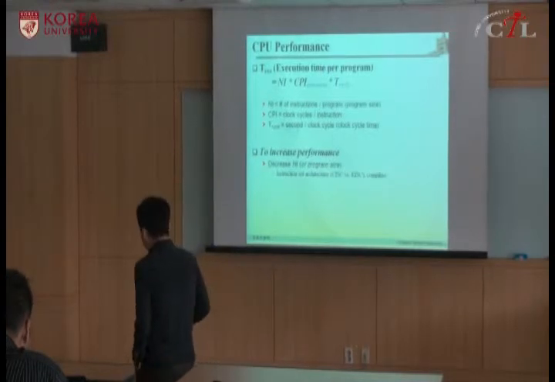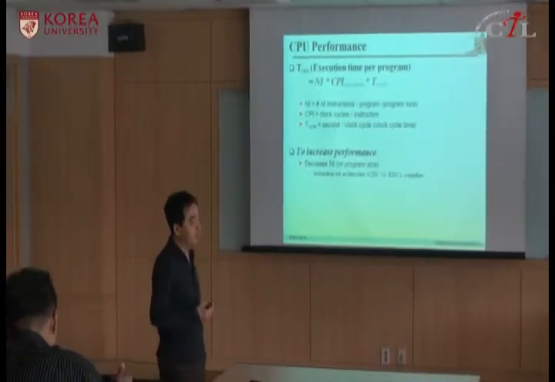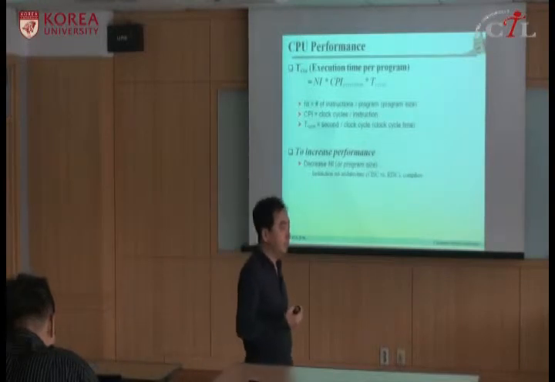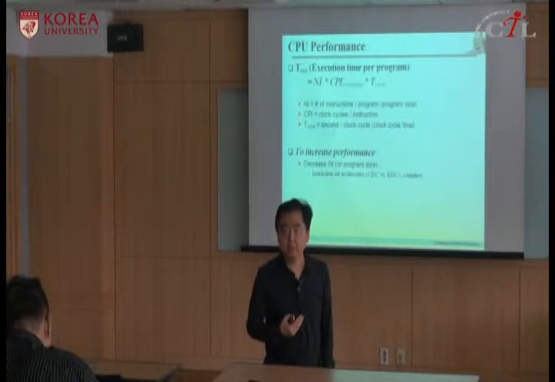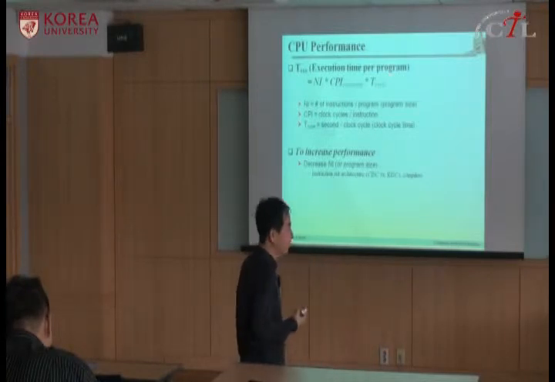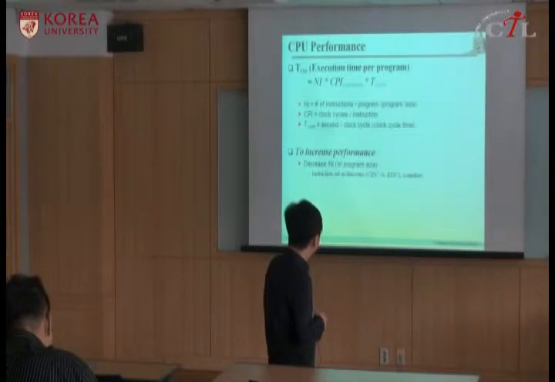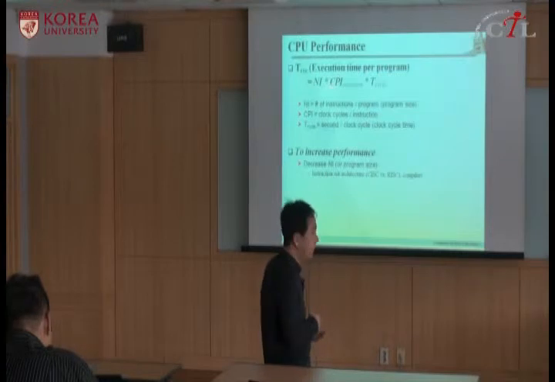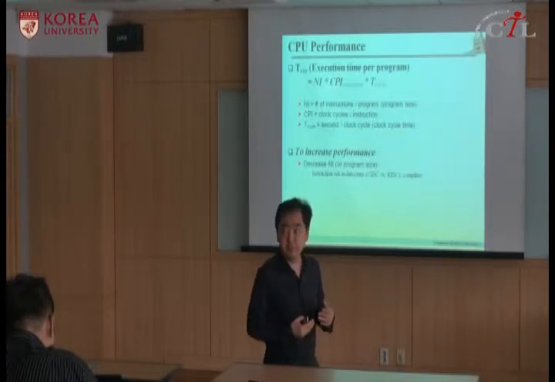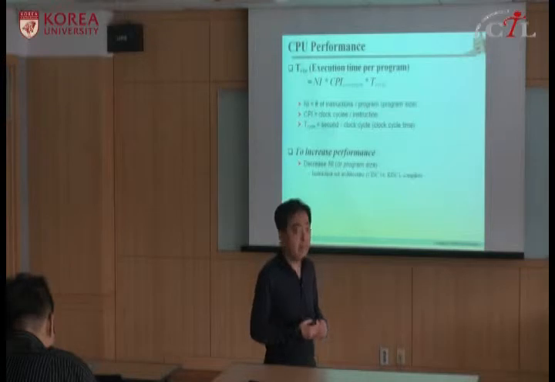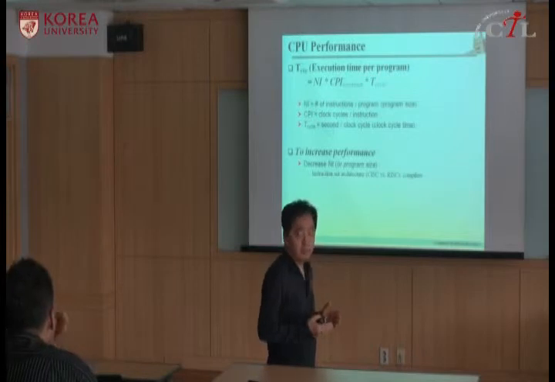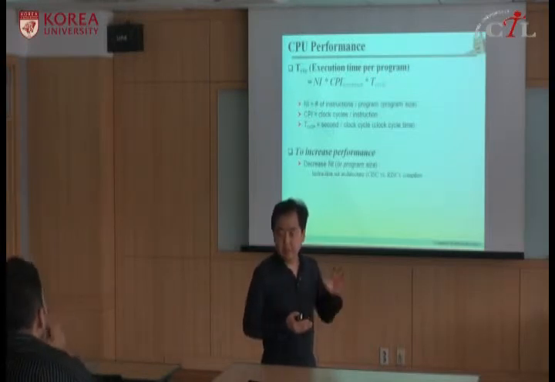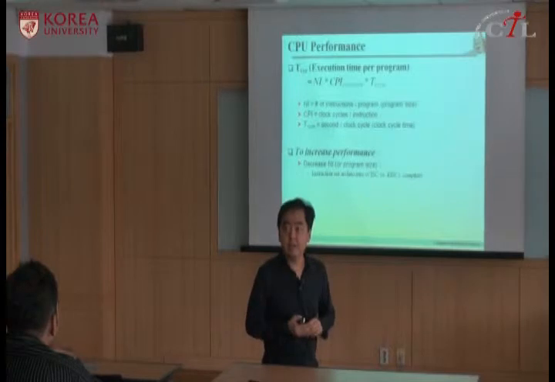The second factor is called CPI, cycles per instruction. For each instruction, how many cycles it takes. The inverse is called IPC, instructions per cycle. The third factor is clock cycle time. You have to reduce the clock cycle time to improve program performance. You have to reduce CPI, or inversely increase IPC. And you have to reduce the program size. If you multiply all this, it results in execution time per program.